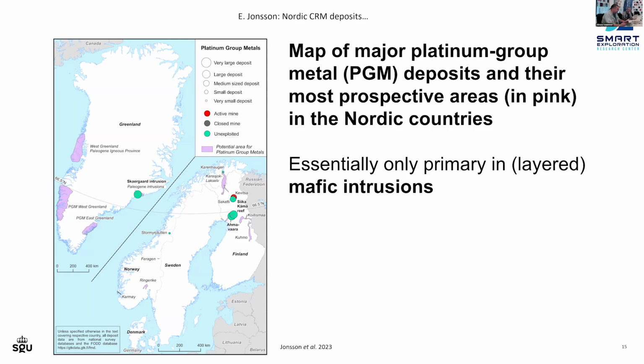So these are quite simple to understand and thus also relatively simple to explore for. It's for several reasons quite easy to find those big enough mafic intrusions of what we could call the right age.